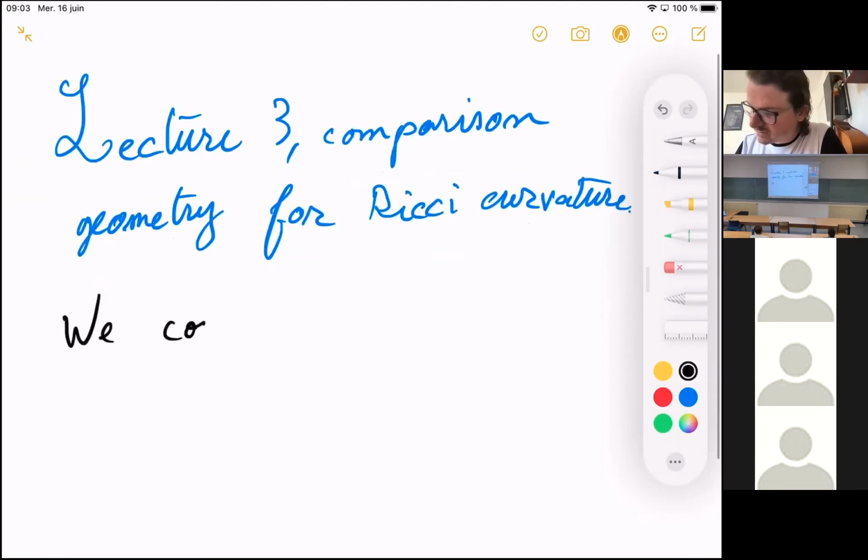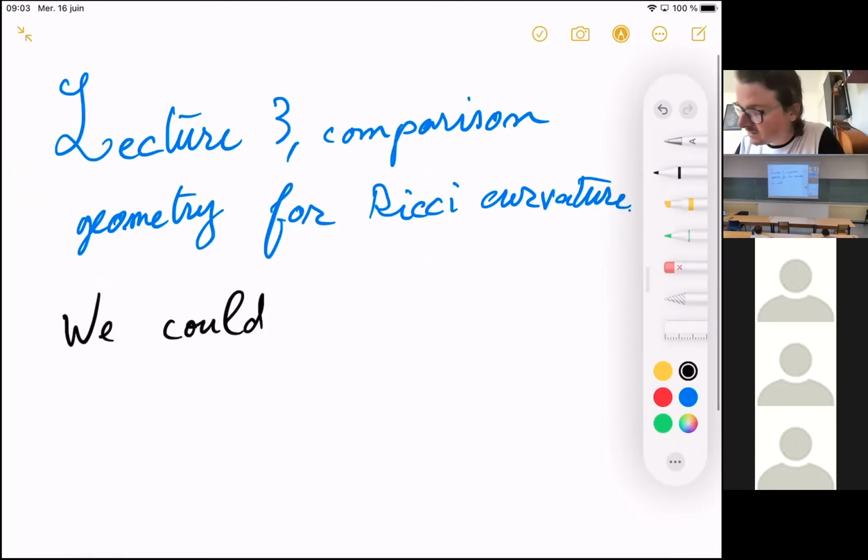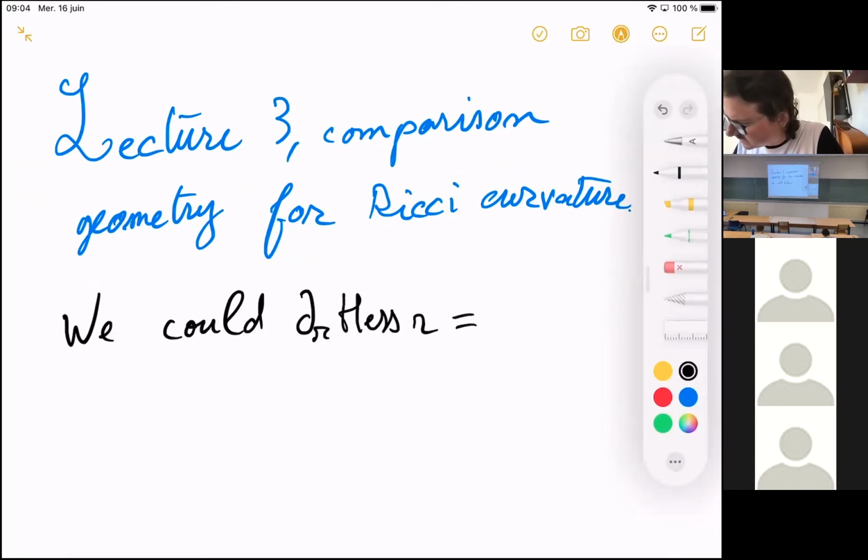We could use the equation that we used yesterday on the derivative of the Hessian of the distance function.